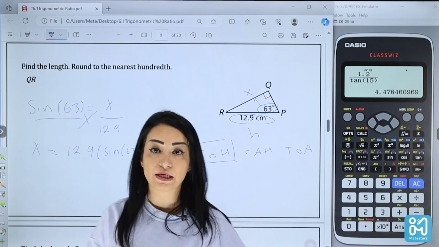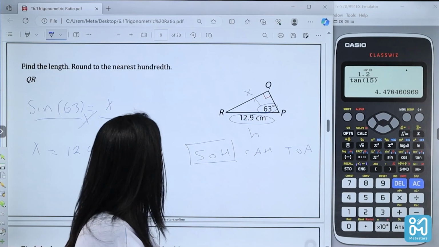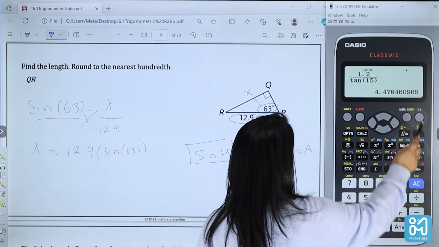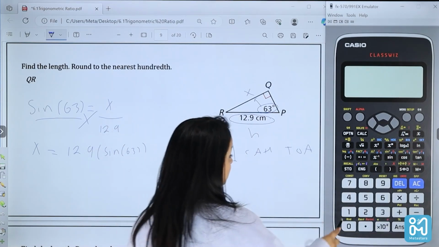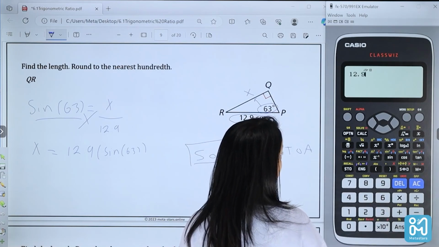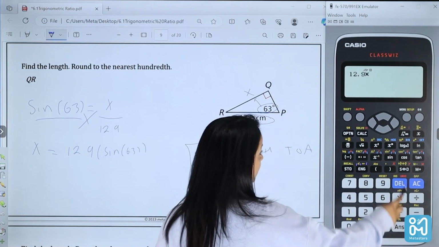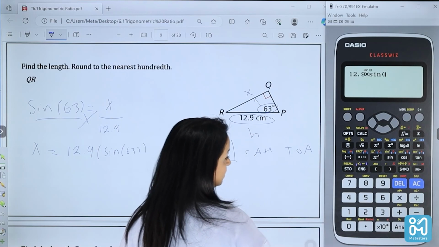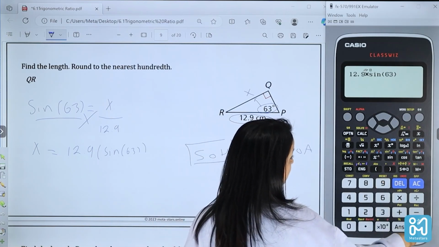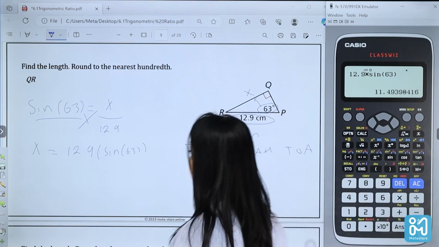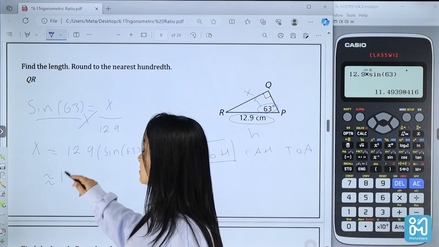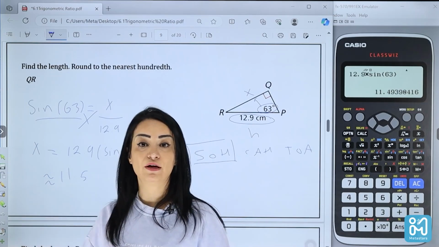Directly on the calculator, the answer is approximately equal to 11.5.